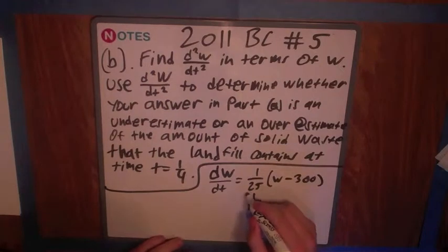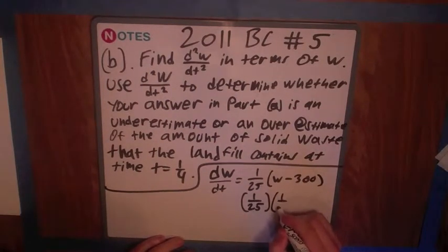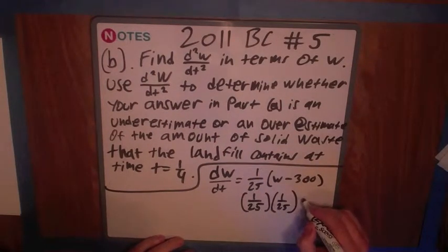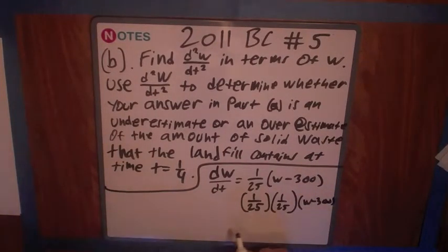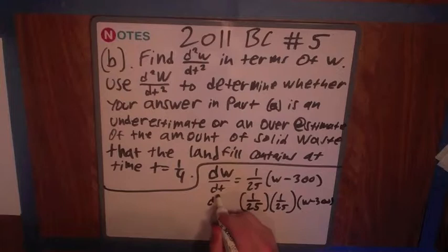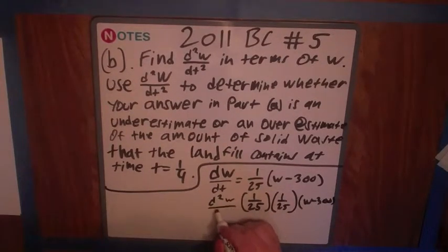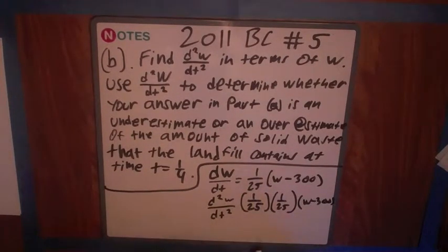So 1/25 times 1/25 times W minus 300. This is d squared W over dt squared, or 1/625 times W minus 300.